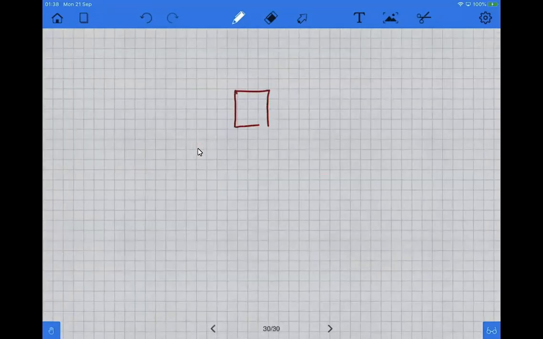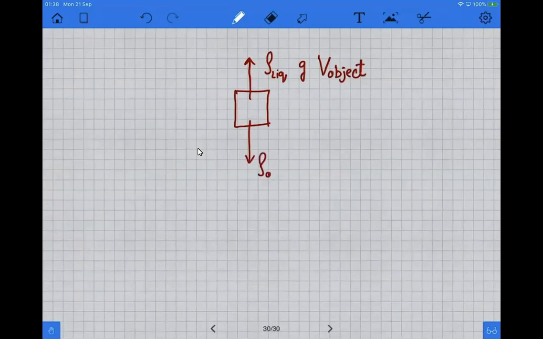There are two forces on the object. One of them is the upthrust, which is equal to density of the liquid, g, and volume of the object. And then the other force is density of the object, g, and volume of the object.